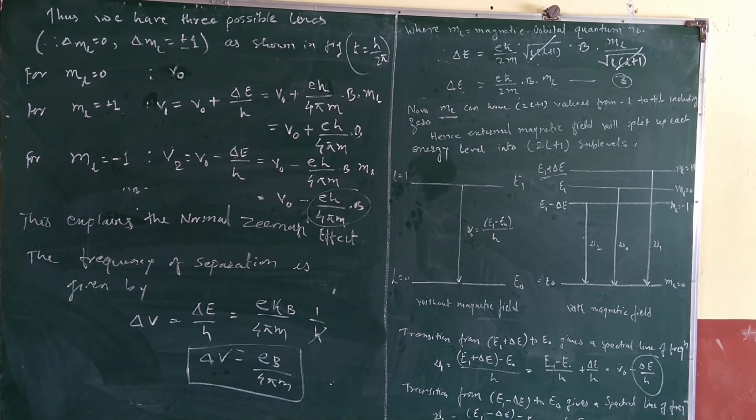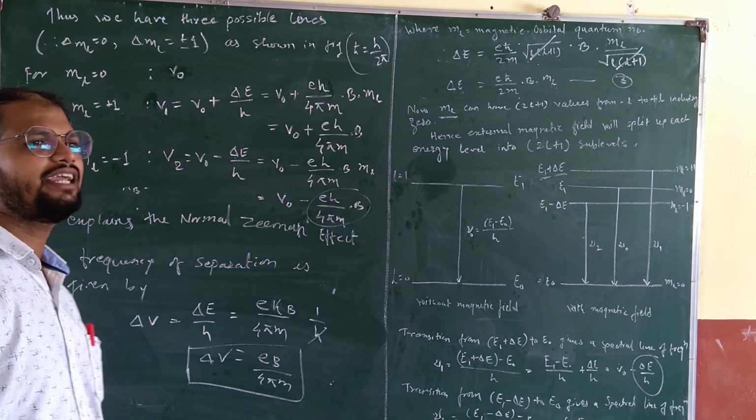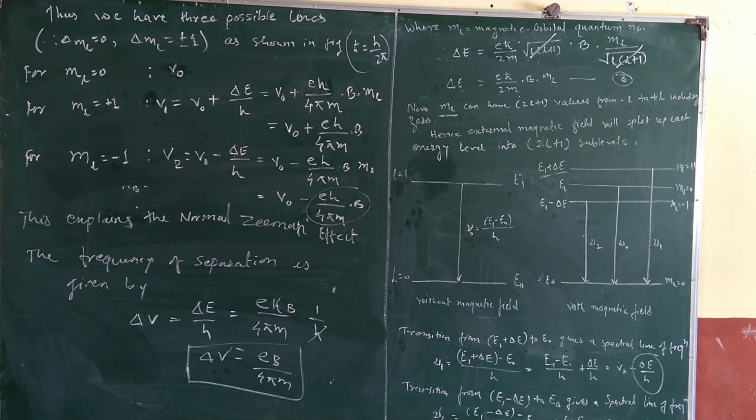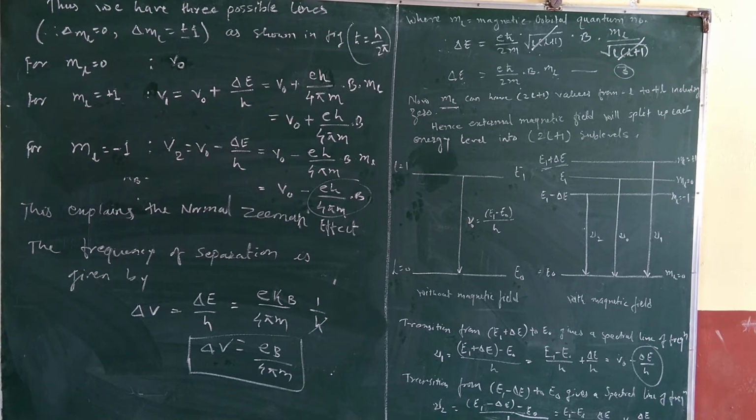Then we define the Bohr magneton, that is mu B, which is nothing but e h cross upon twice m.